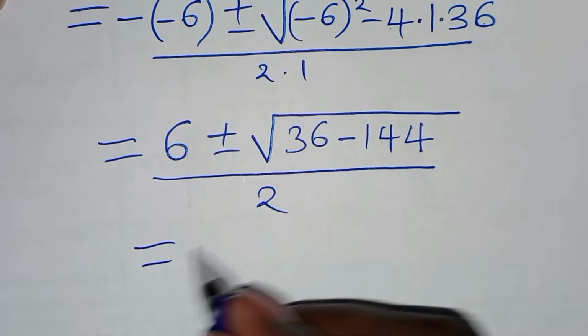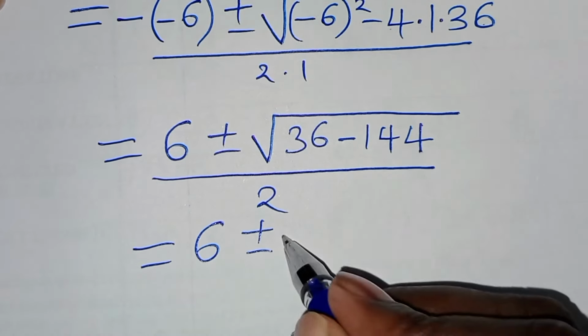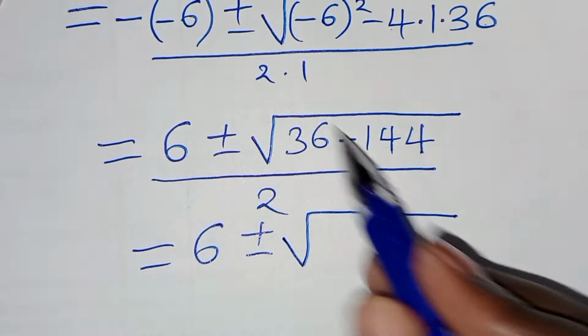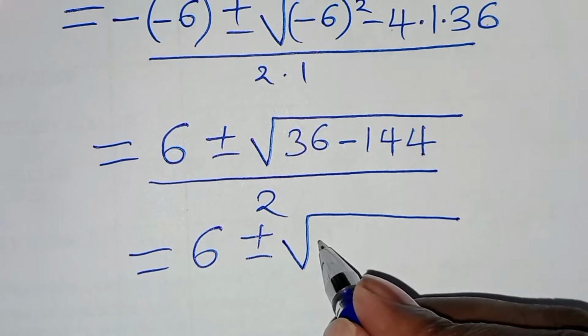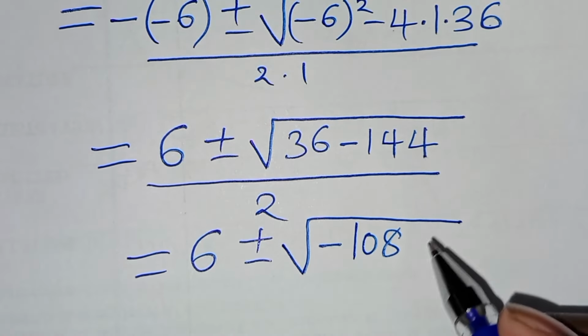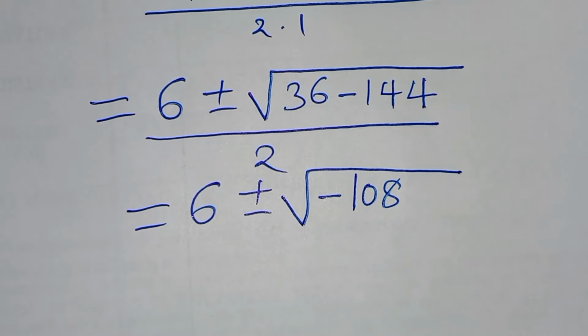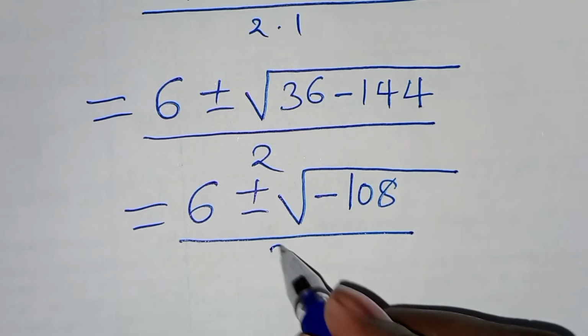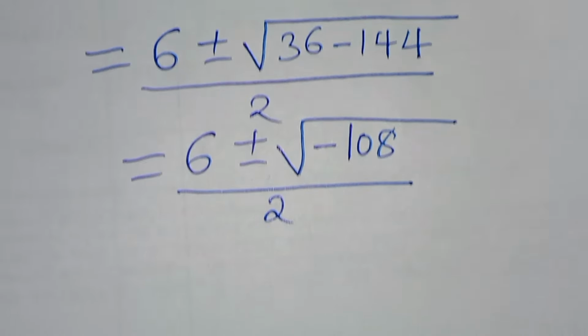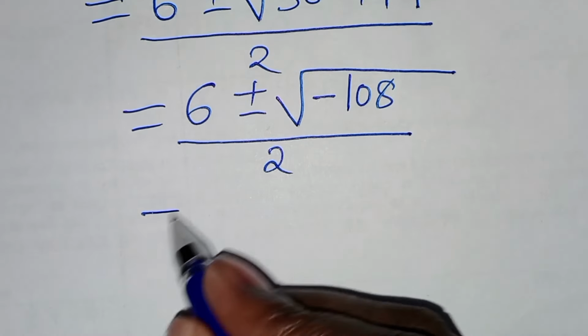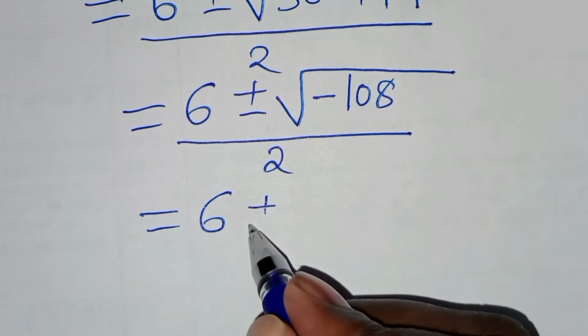So here we have 6 plus or minus the square root of 36 minus 144, this is minus 108, all this divided by 2. So this implies that here we have 6 plus or minus.